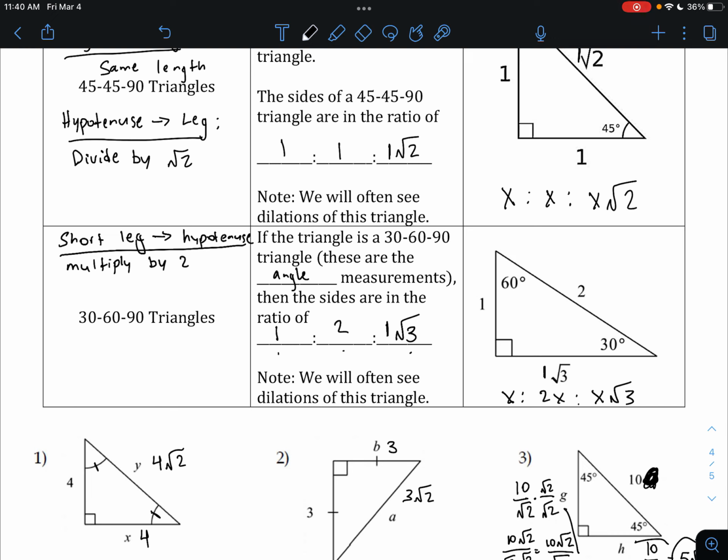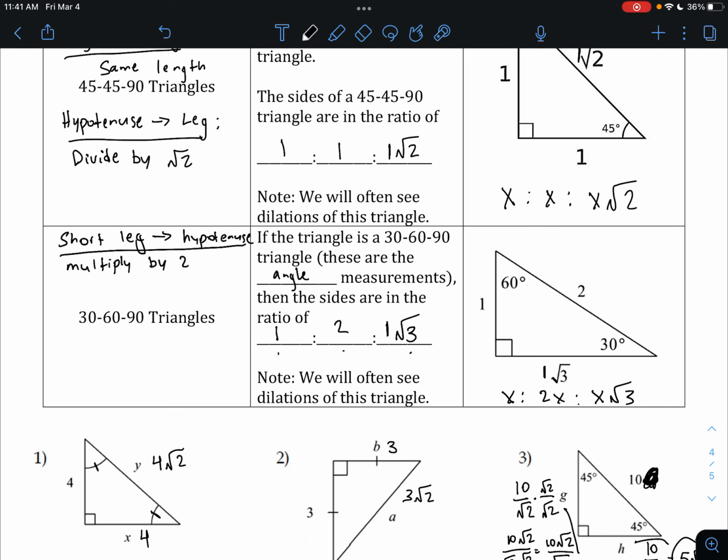My short leg is 1. My hypotenuse is always twice that value. So if my short leg was 6, my hypotenuse would be 12. If my short leg was 15, my hypotenuse would be 30. So anytime we know our short leg, we can multiply by 2 to get my hypotenuse.